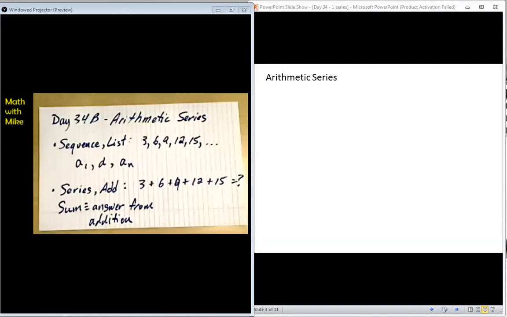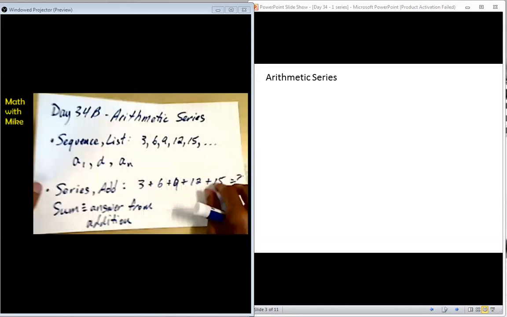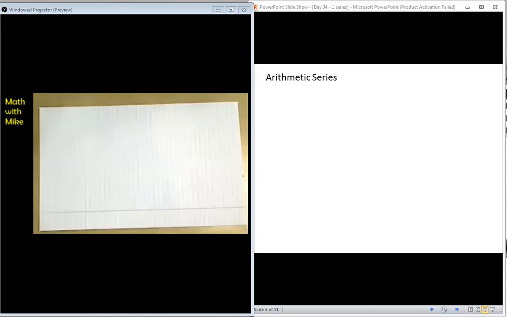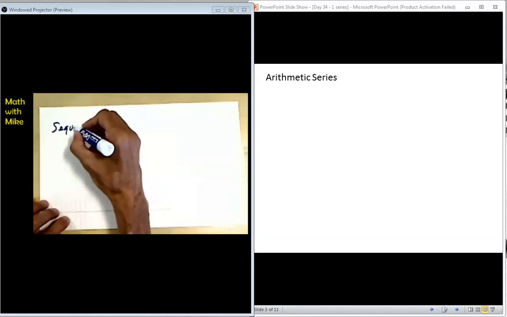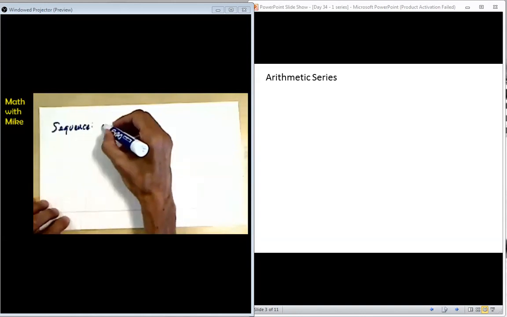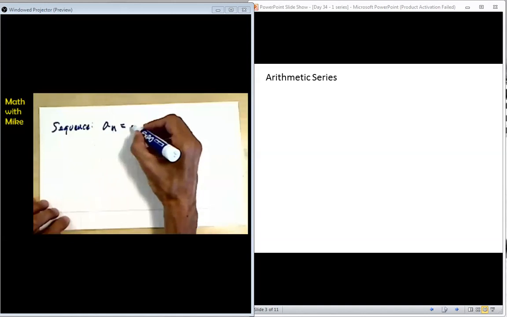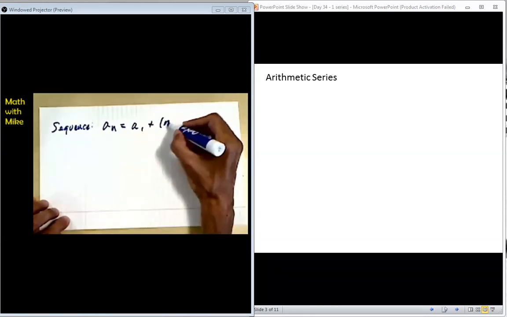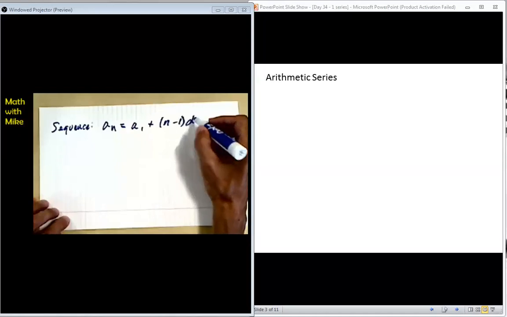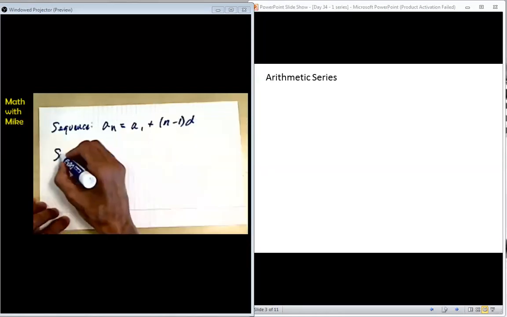Okay? So there's a formula that goes along with it. I guess I can give it to you now for free. And then we'll go up to the screen and do things in a civilized, orderly fashion. Right? So just as a reminder, sequence was AN equals A1 plus N minus 1 times D. And for the series, we get 2 of them.